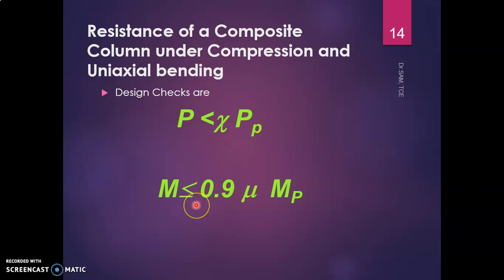To check the moment capacity, this is the plastic resistance of the column, which is multiplied by a reduction factor and 0.9, that is 90% of the strength to be taken as your design capacity, that is checked with the applied moment. This is the check you have to make to design any composite column under combined effect.